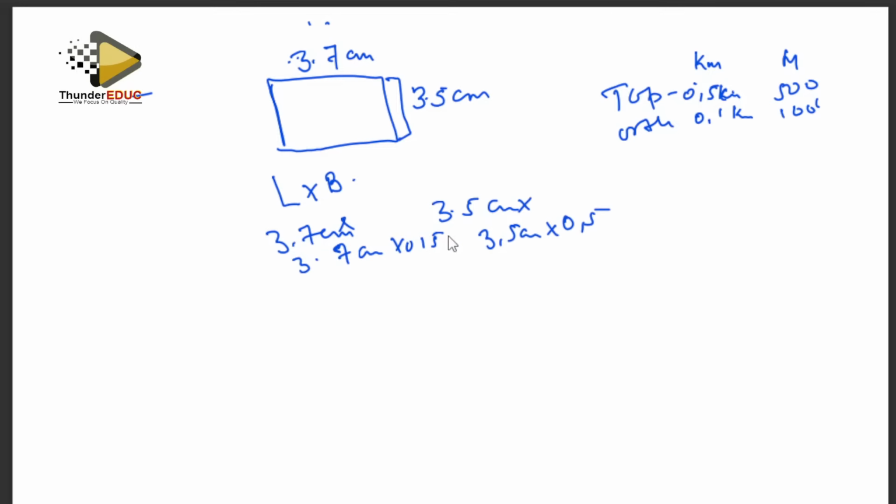So 3.7 times 0.5, what do you get? Here you are getting 1.85 kilometers. Then 3.5 times 0.5, what do you get? Here is 1.75 kilometers, so that we can get kilometers squared when you multiply kilometers by kilometers.